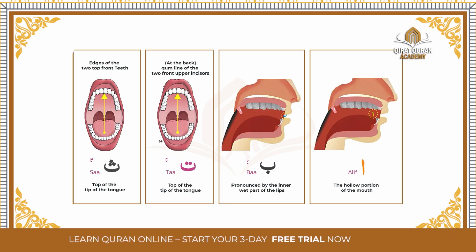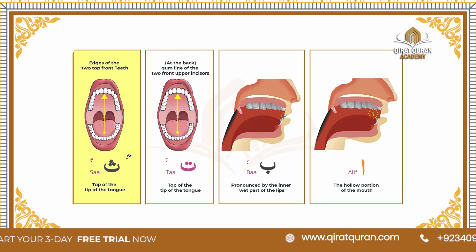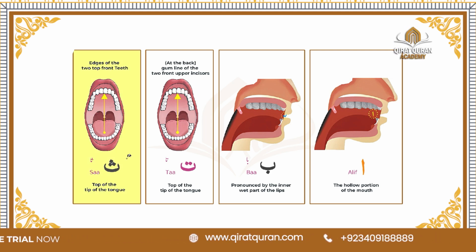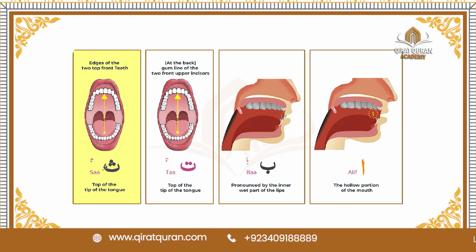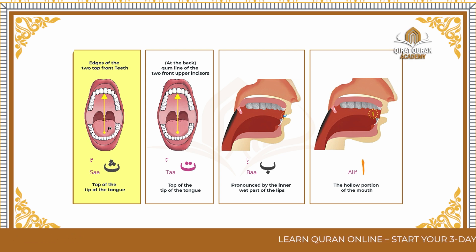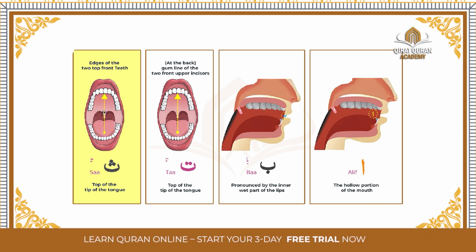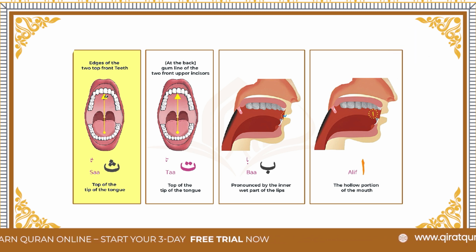Okay, now look at this picture. It's a bit similar to Ta, just a little difference here. You have to use the tip of the tongue in Sa also, but you have to keep that tip of your tongue at the edge of the front teeth.